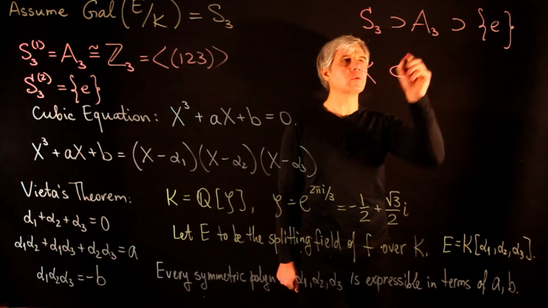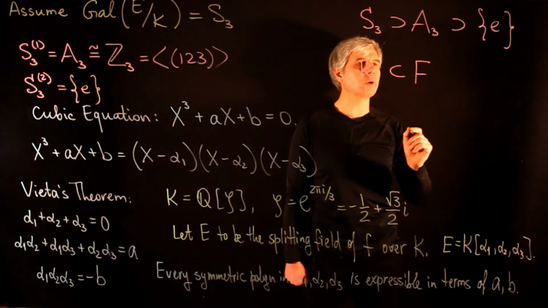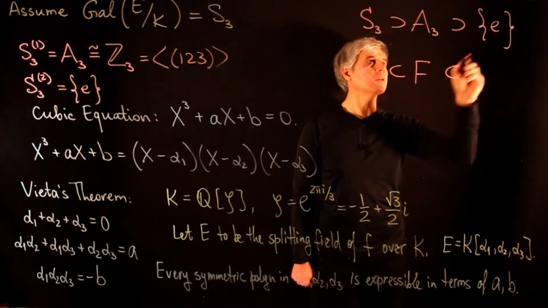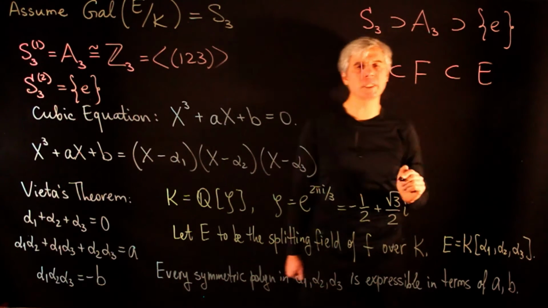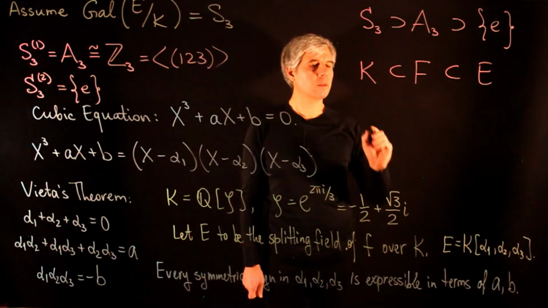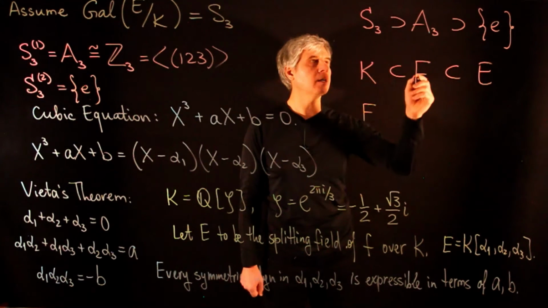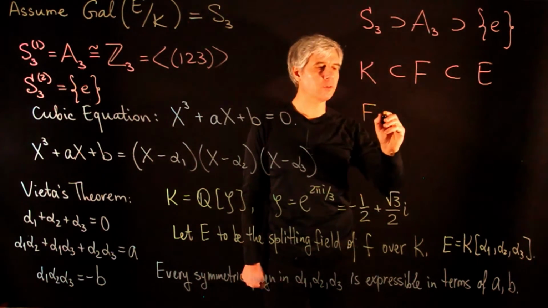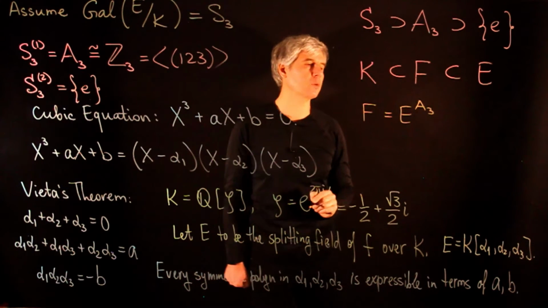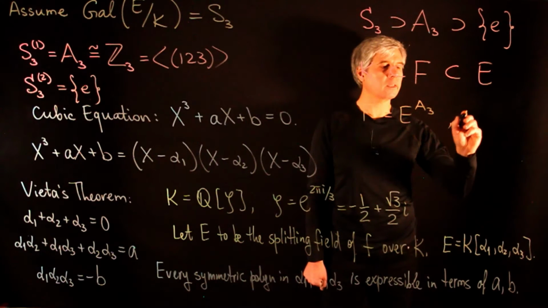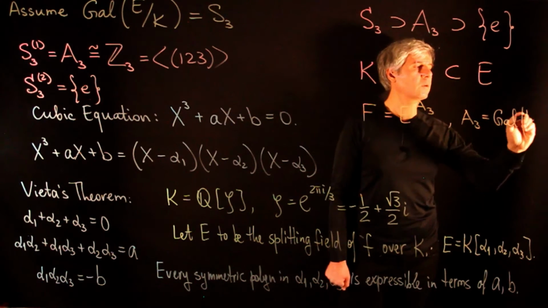Then for A3 we have a corresponding subfield that we will denote by F, and the smallest subgroup corresponds to the largest field, which will be the splitting field E. The field F is the set of elements in E that are fixed by the action of A3. So we can say that this is the fixed point set under the action of A3. And A3 is the Galois group of E over F.